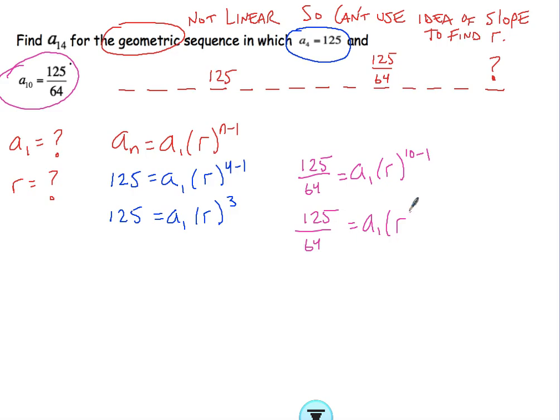Simplifying that down just a little bit means I'm going to have a 9 as an exponent. And again, I feel like I get stuck because I don't know what a sub 1 is and I don't know what r is. So I've got two unknowns and two equations. Well, I can solve. So let's use the idea of substitution to solve.